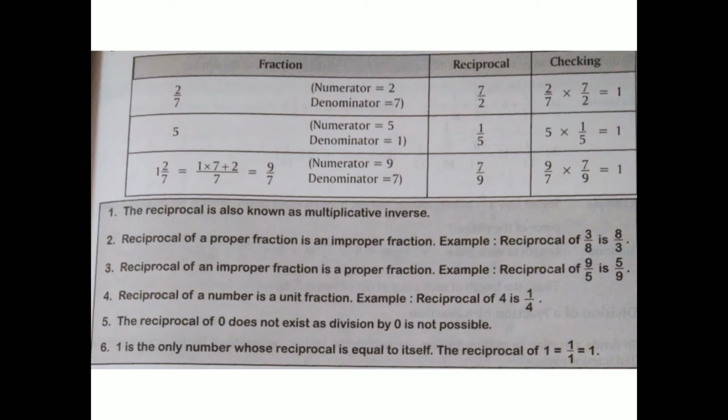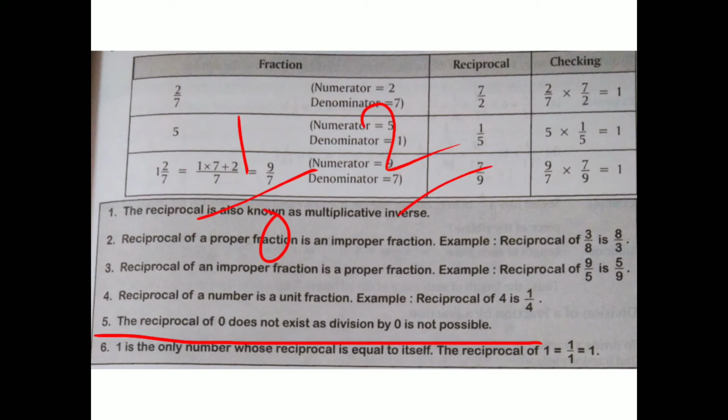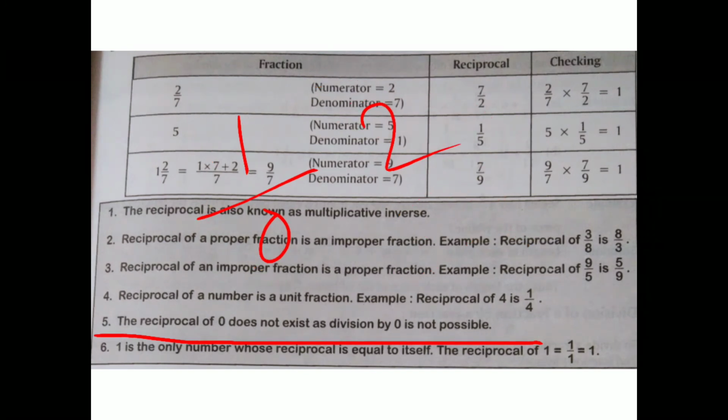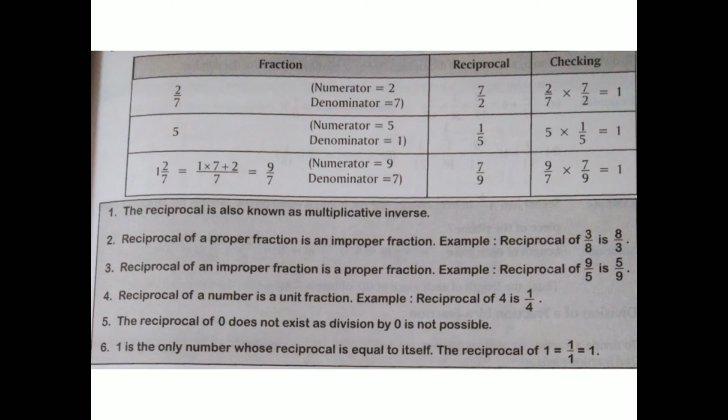Now again there is one point: the reciprocal of 0 does not exist, as division by 0 is not possible. 1 upon 0 or 2 upon 0 is not a reciprocal, never, because its value is infinite, and 0 is never a denominator.